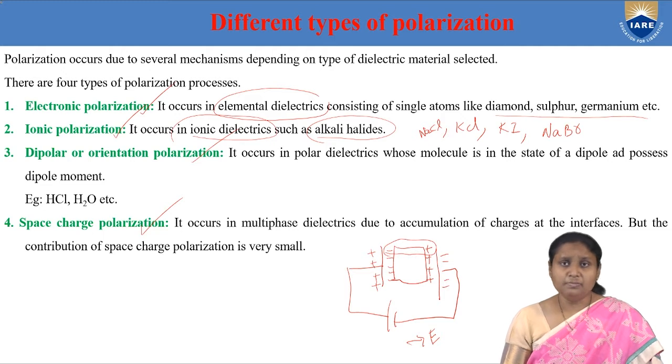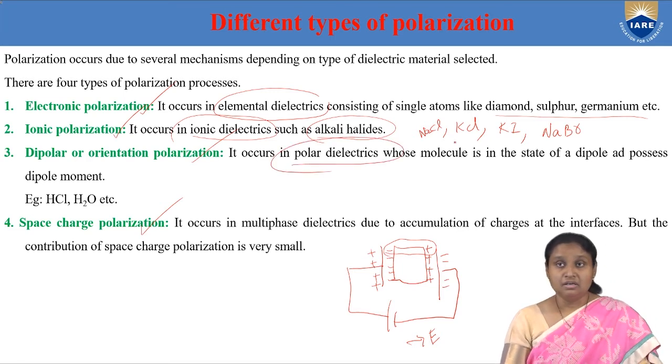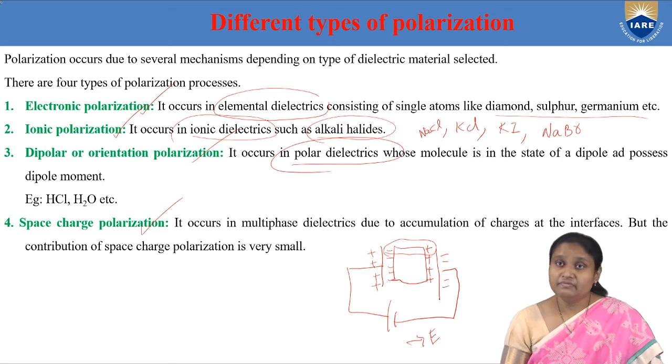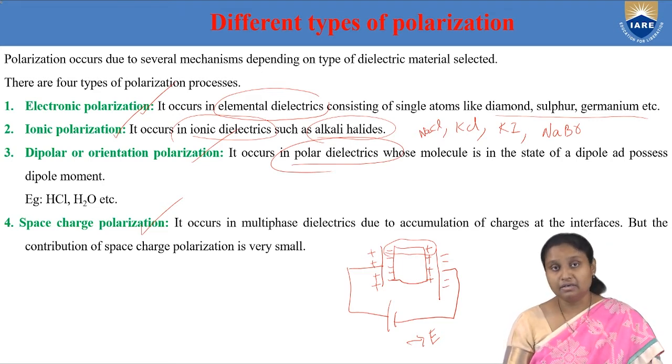Then coming to the third type of polarization, which is dipolar or orientation polarization, we know that it occurs in polar dielectrics. In my previous video, I discussed in detail what polar dielectrics are.